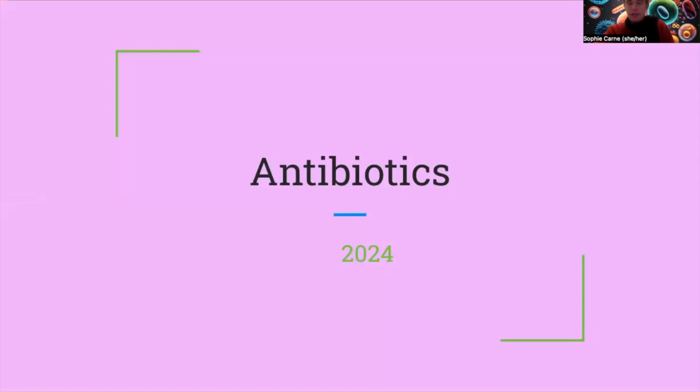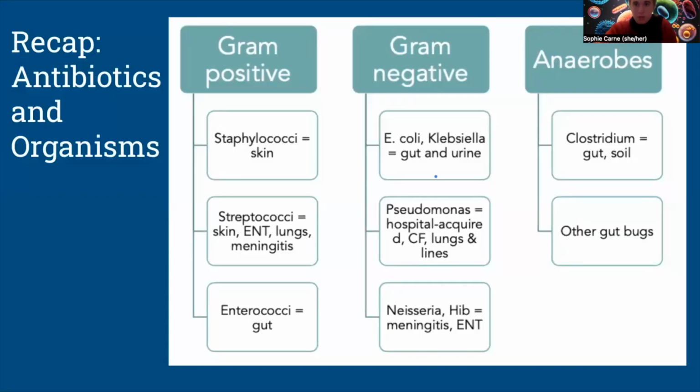So, antibiotics. Before we talk about antibiotics, we'll just recap where different organisms live in your body. First, gram-positive organisms: you can find them on your skin in the form of staph or strep. You can find them in your gut in the form of enterococci, and you can find strep in your ears and throat, lungs, and in meningitis.